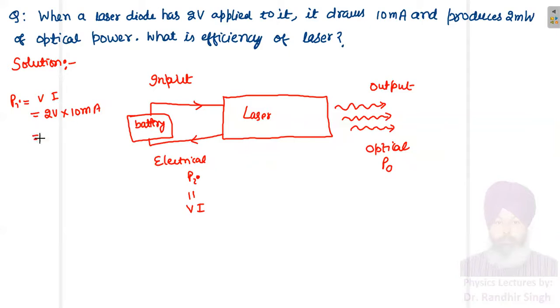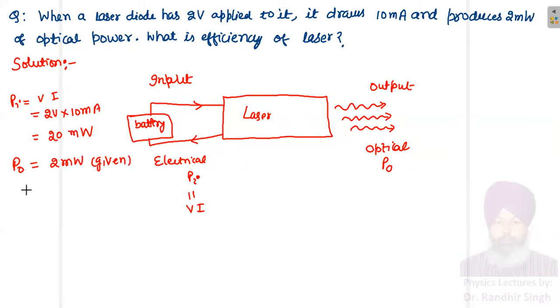That will become 20 milliwatt. This is the input power, and the output power is given to us already, it is 2 milliwatt.